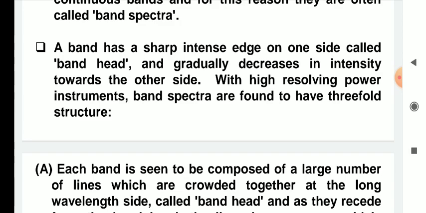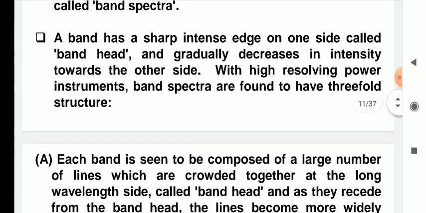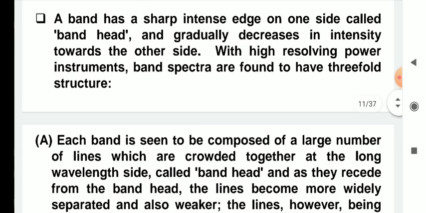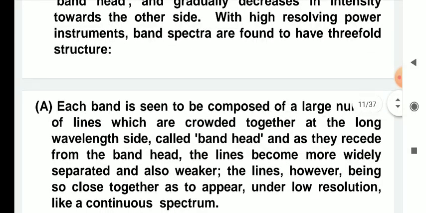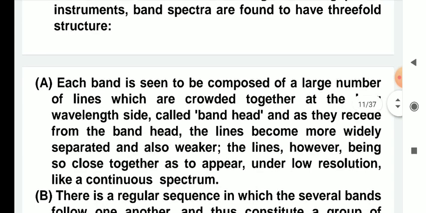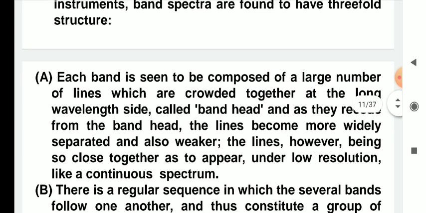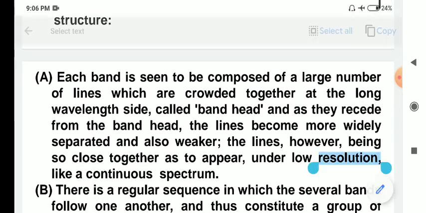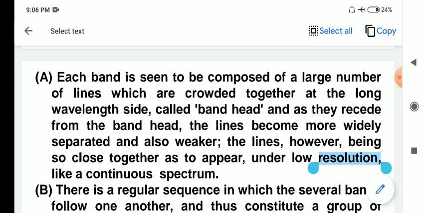The band has a sharp intense edge on one side called the band head and gradually decreases in intensity towards the other side. With high resolving power instruments, band spectra are found to have threefold structure.